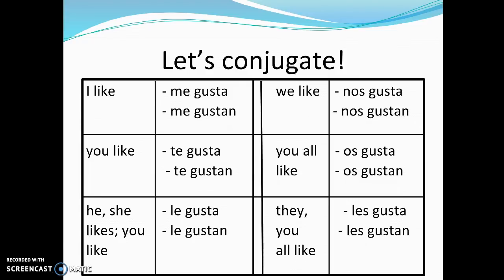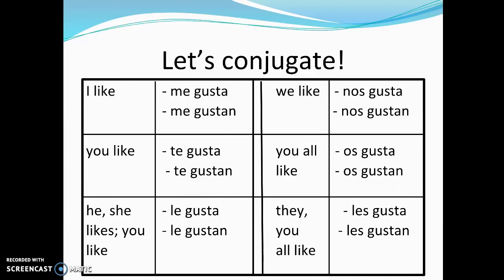Le gusta is the singular form of the way to say he or she likes, or you like formal, if you are talking about an adult, someone you're meeting for the first time, someone you don't know well. And le gustan is the plural form. We like, the singular form is nos gusta, the plural form is nos gustan.